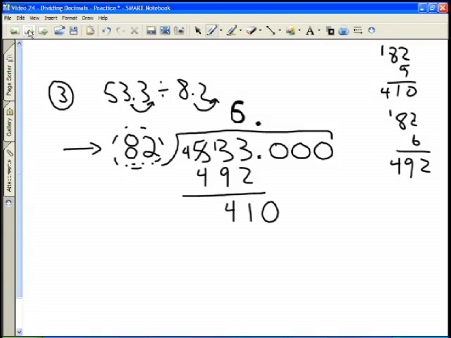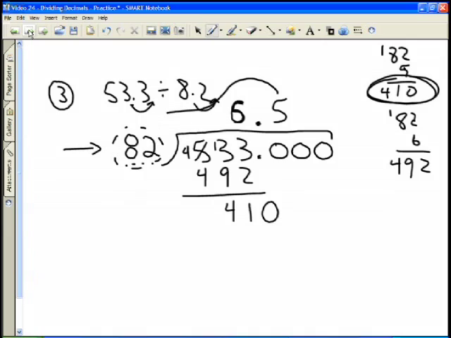And now I get a 0 there. I'm going to say the closest number is 5, and 82, if you look over here, 82 times 5 is 410.